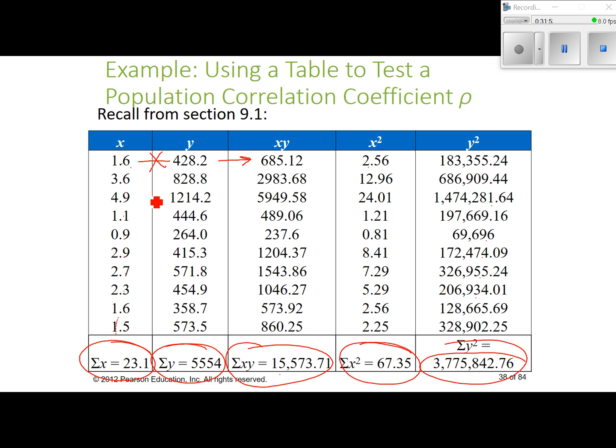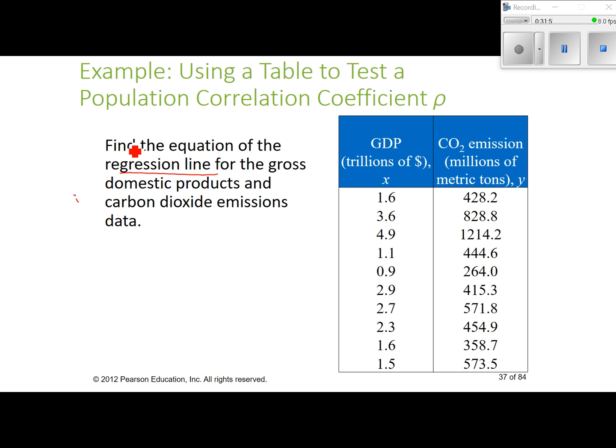Here, we were dealing with the GDP and the CO2 emissions. So what we're saying is that there's enough evidence to say that there is a significant correlation between a country's gross domestic product and how much CO2 emissions they put out in a year.